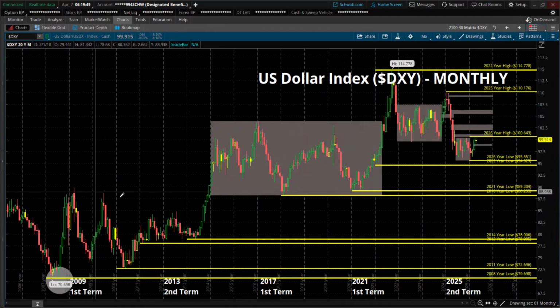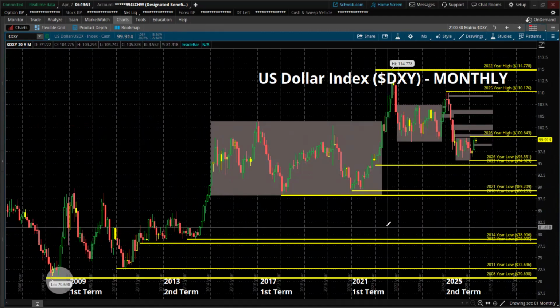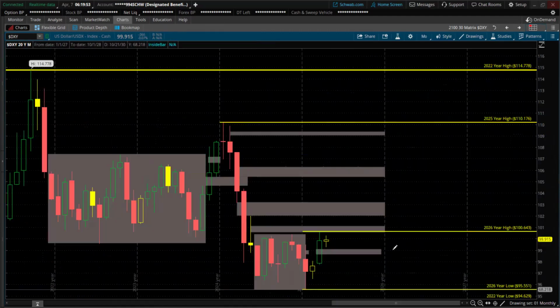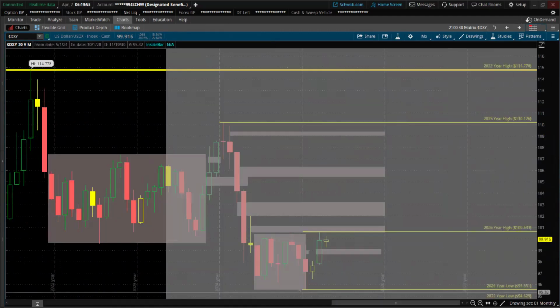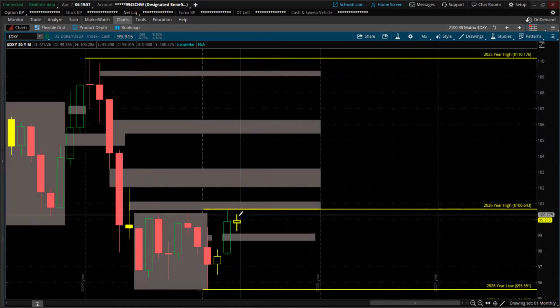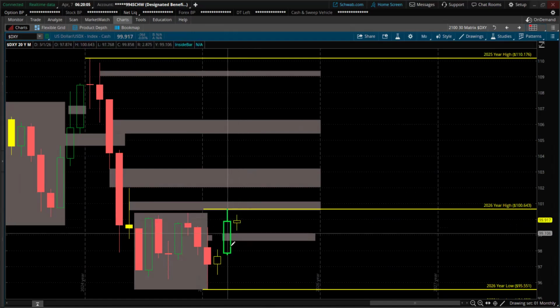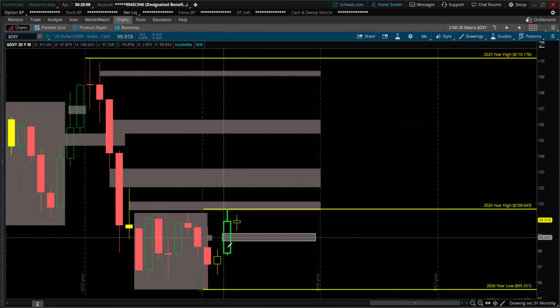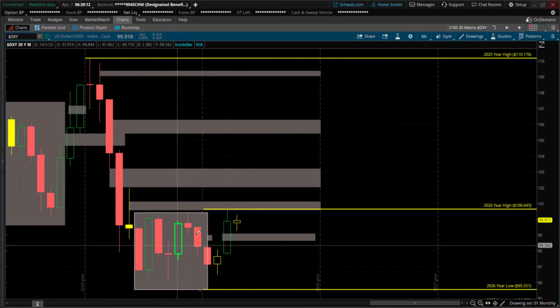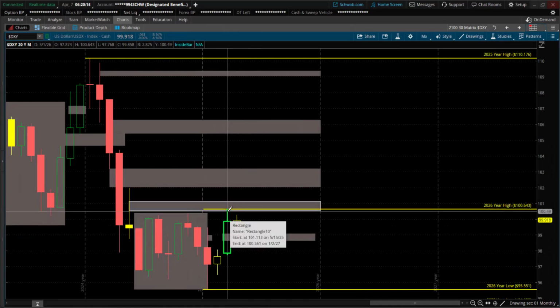That's a lot of history. This yellow candle, this is April, the monthly. So month of April, we haven't taken out the higher low of last month. Last month of March made the new high of the year.